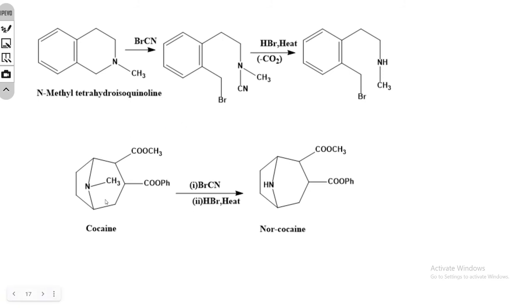In the case of cocaine, when we add BrCN, it removes this CH3. Okay, that is the reaction that takes place in route 2 of the previous reaction. That is, first the NCH3 bond is ruptured and CH3 is replaced by this CN, and after heating with HBr, this becomes NH.